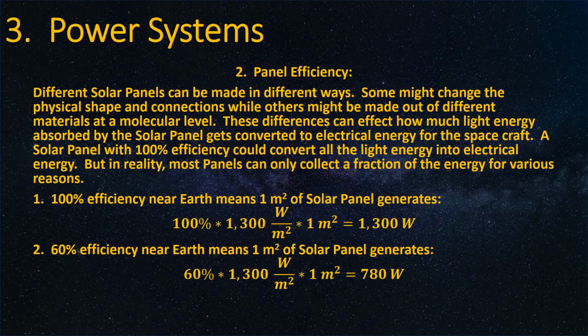We'll get to that in just a moment, but that's panel size. If we were dealing with 60% efficiency, that's the same thing as saying 0.6 times 1,300 times 1 square meter, and that solar panel would generate 780 watts. Here's how you can do the first step in finding how much energy your solar panels will generate per square meter at a given location based on their efficiency.